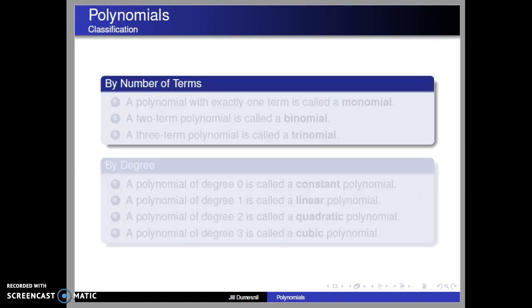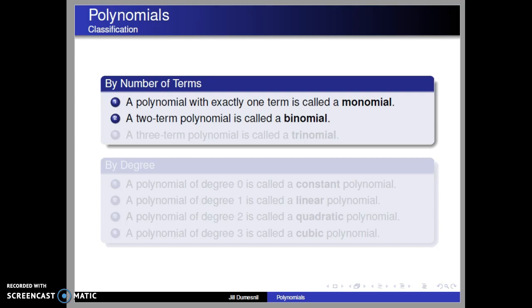We name or classify polynomials in two main ways. One way is by the number of terms in the polynomial. A polynomial with exactly one term is called a monomial. For example, negative 3x to the 4th power is a monomial.